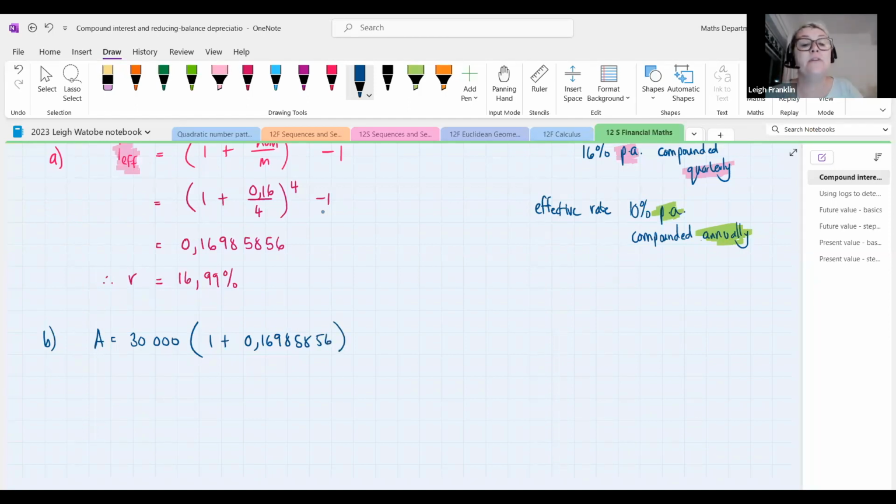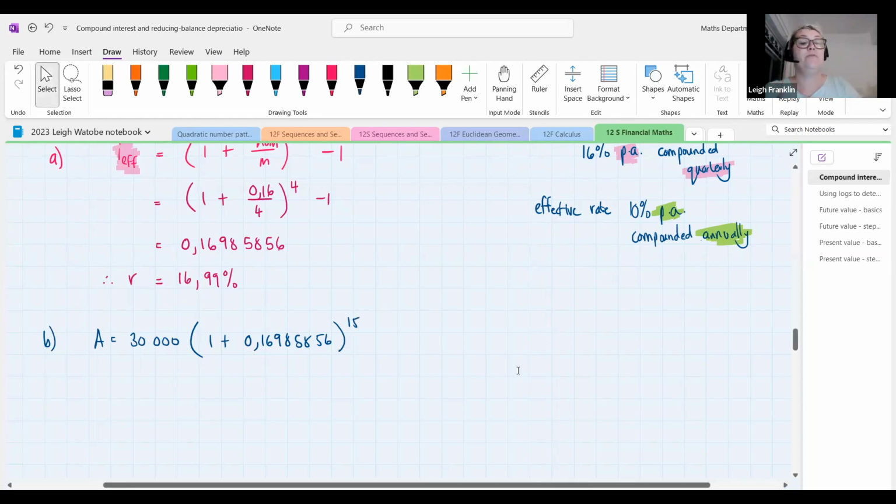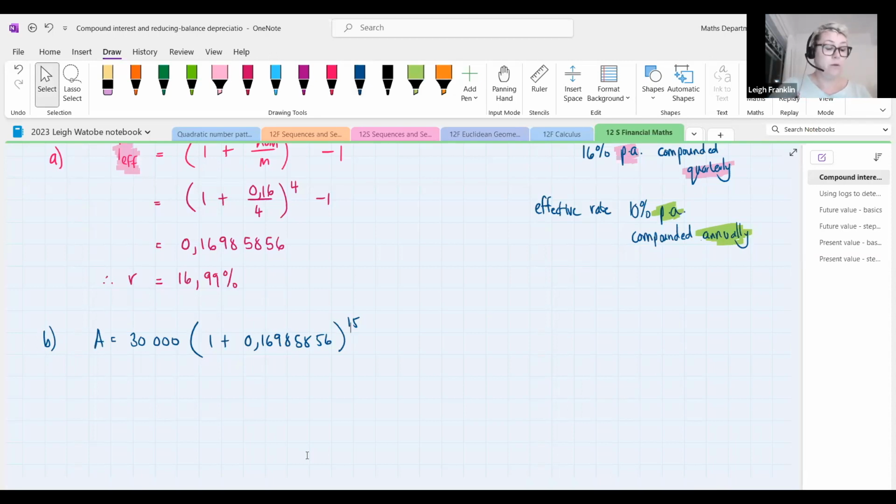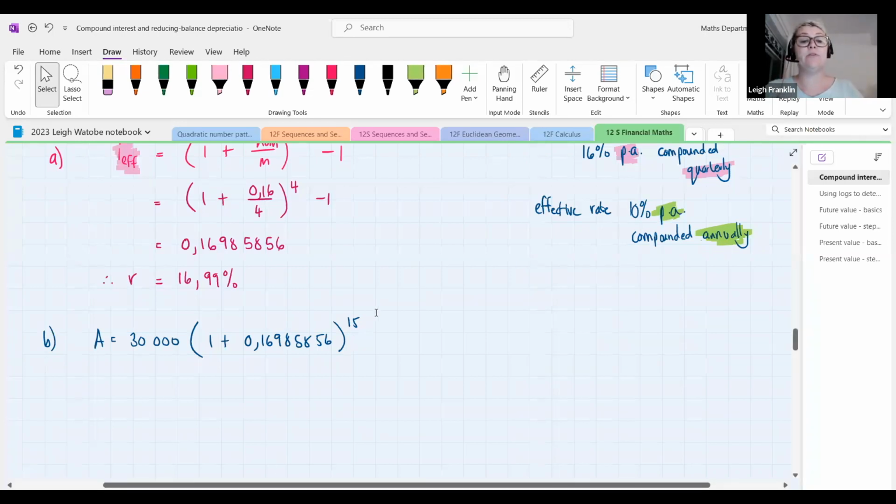And then this would be to the power of 15, because remember, it is an annual effective rate. Let's see if we get a similar answer. And there we go. The identical same answer.